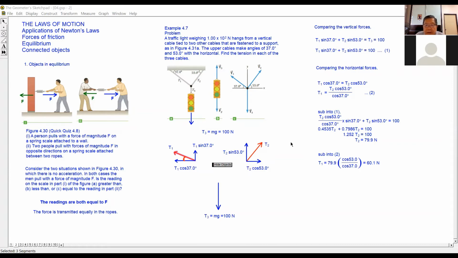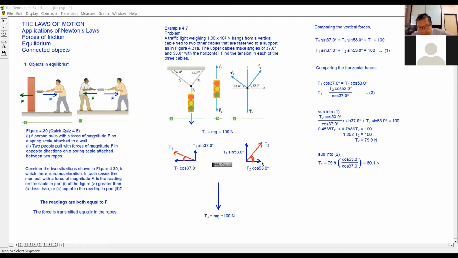Okay. Now we look at T2, the tension in rope number 2. This T2 makes an angle of 53 degrees with the horizontal. The horizontal component is adjacent to this angle, so you have to label it cos.